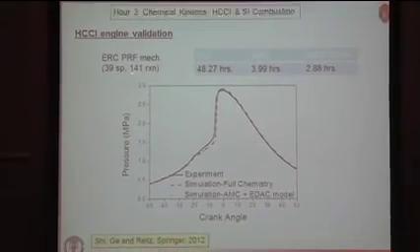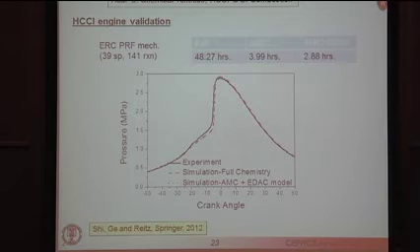This just shows an example of a calculation that we did with a relatively small mechanism, the ERC-PRF mechanism here, looking at cylinder pressure versus crank angle for an engine combustion case, using the full chemistry with this, as I say, relatively small mechanism. It took about 2 days on this particular HCCI calculation. With the adaptive multigrid chemistry, since it's HCCI, a lot of cells look similar to their neighbors, so that reduces the computer time by an order of magnitude.